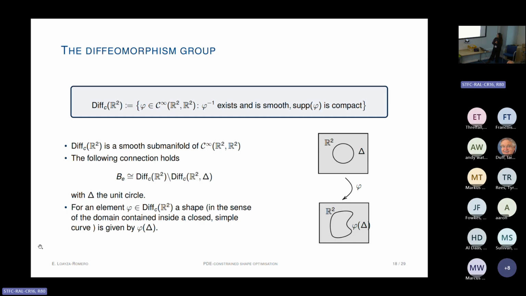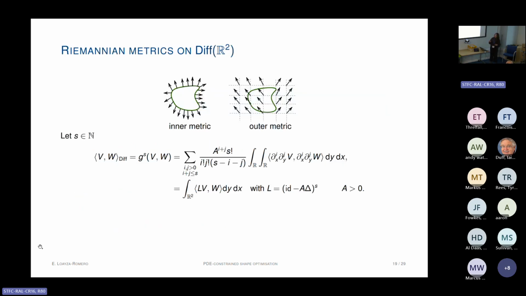And the best thing about this is that the family of different Riemannian metrics associated to this very particular space, or shape manifold, has already been well studied. They are called outer metrics, in the sense that instead of just deforming the mesh and then using this Hilbertian extension regularization, we deform the entire ambient space, and there we induce a deformation of my shapes.